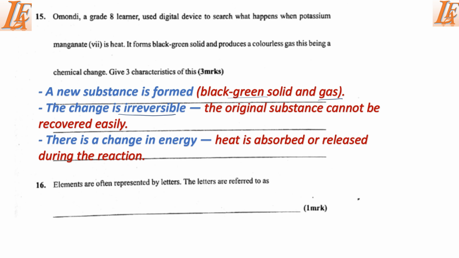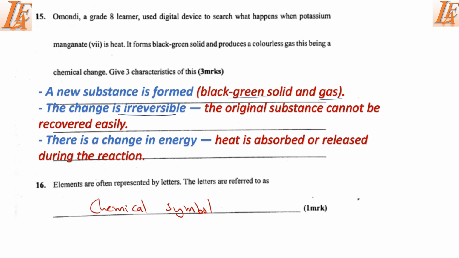Then question 16: elements are often represented by letters. The letters used to represent elements, what is their name? They are called chemical symbols. A chemical symbol is a letter which represents the name of an element.